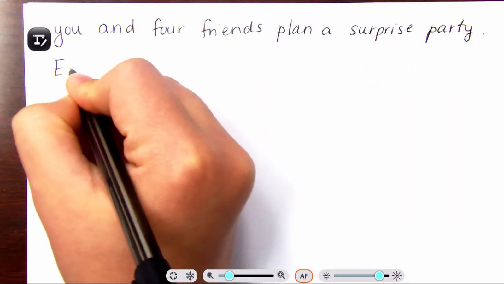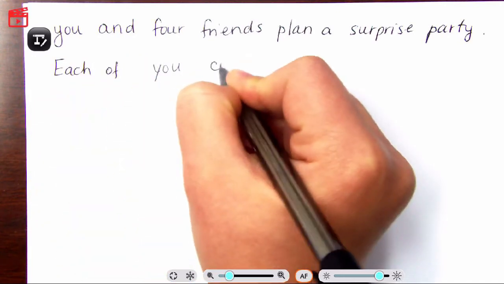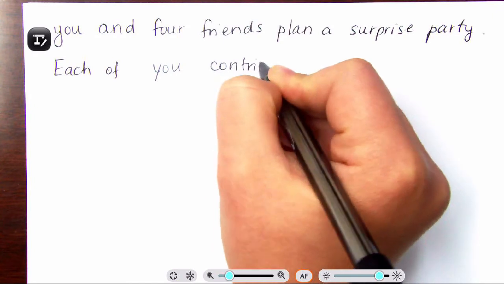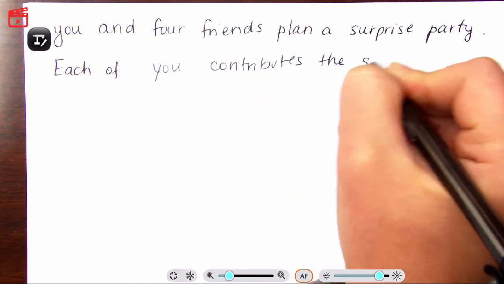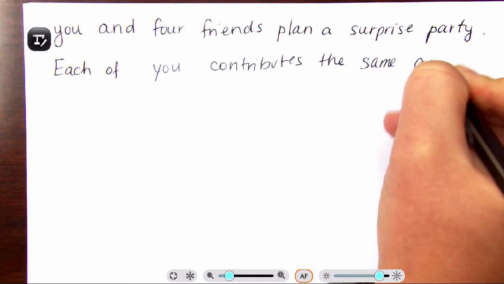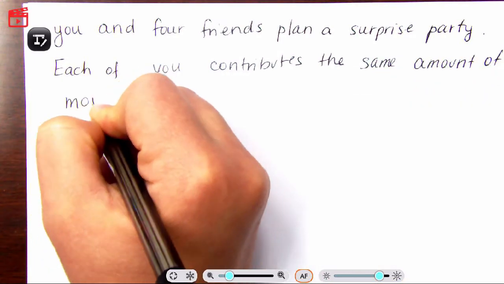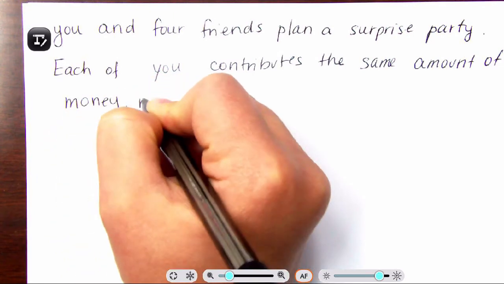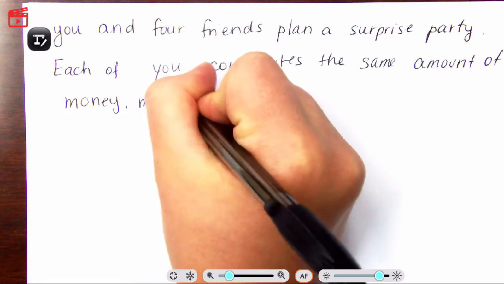Each of you contributes the same amount of money. And they tell you that money is M, variable for food.